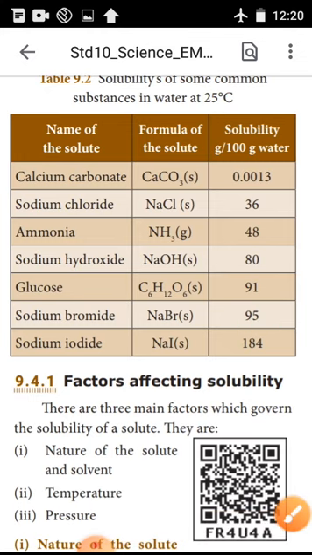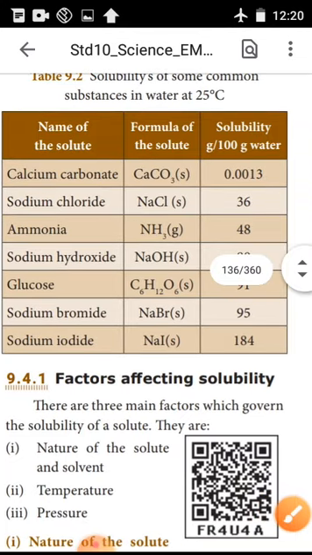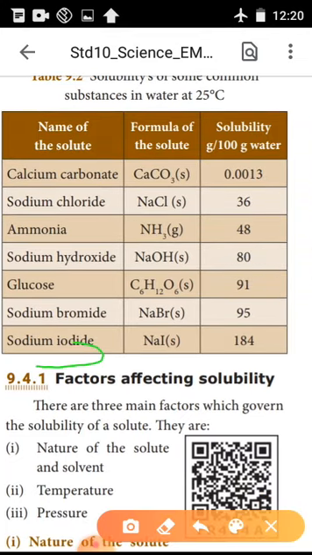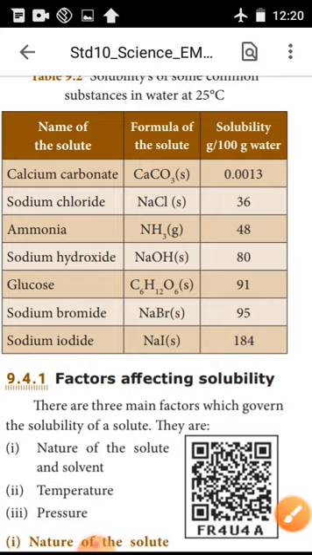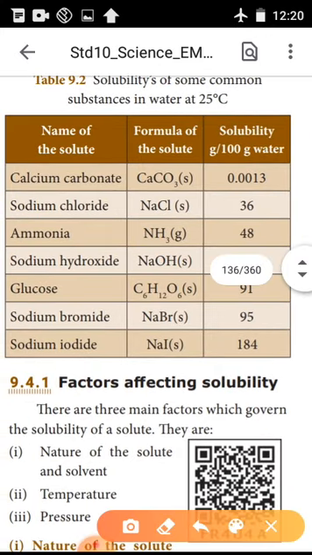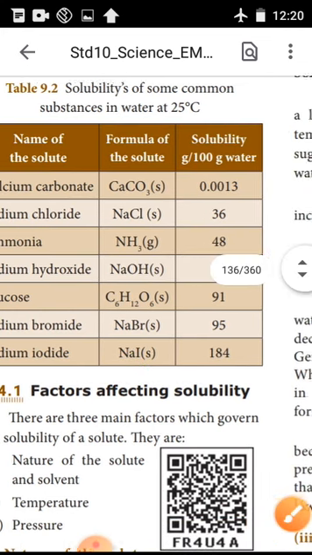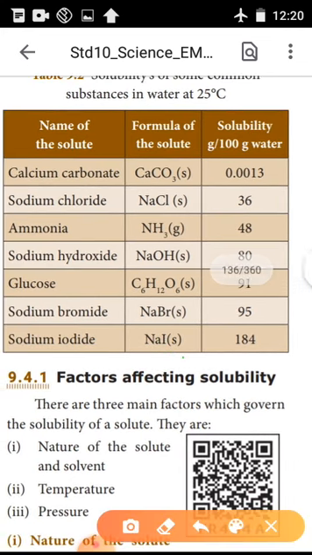The next one, sodium iodide. What is the formula of sodium iodide? NaI. It is a solid state matter. Then what is the solubility value of sodium iodide? 184.